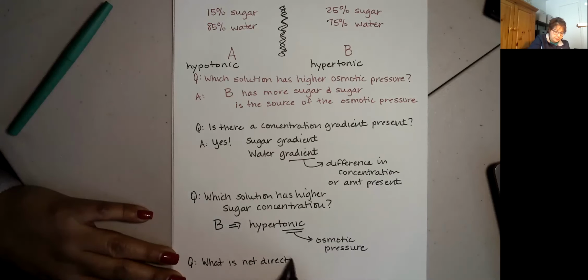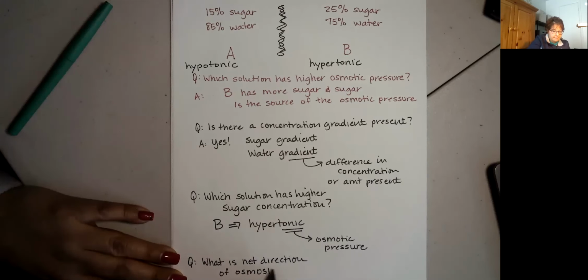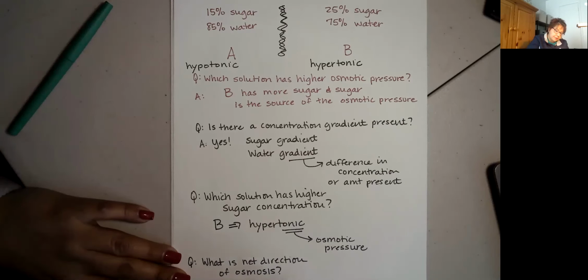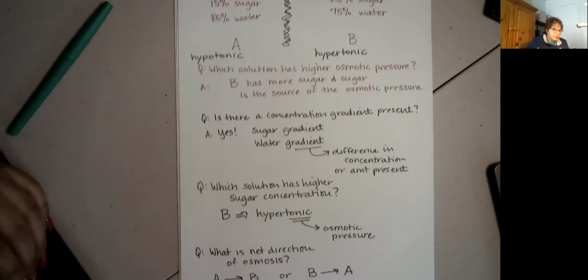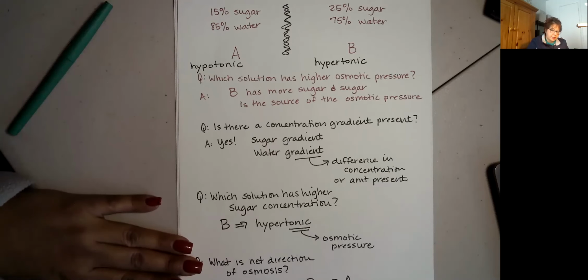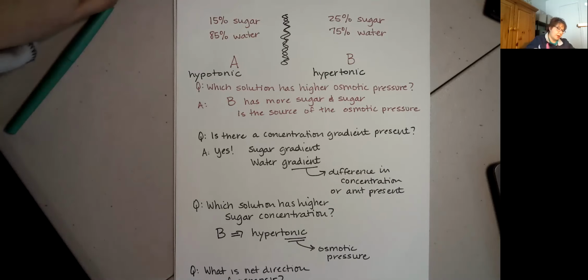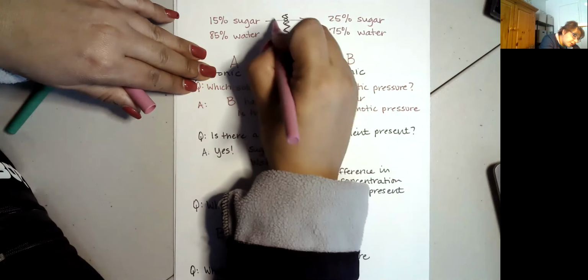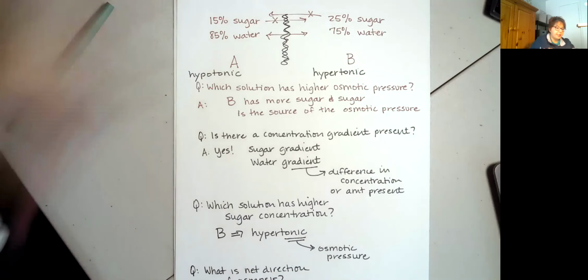So my last question, what is the net direction of osmosis? Is it going to be from solution A into B, or from B into A? In other words, which way is most of the water going to move? We know that the sugar cannot cross, but we know that the water can go back and forth freely.